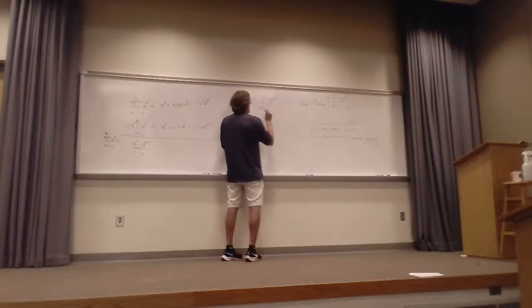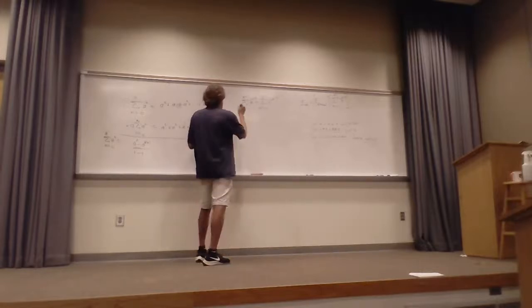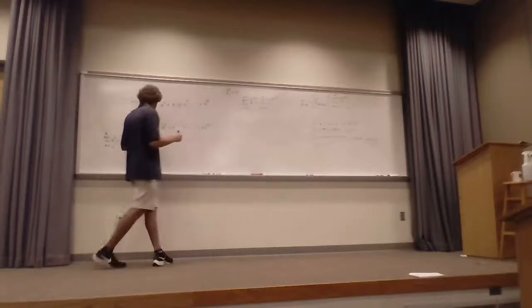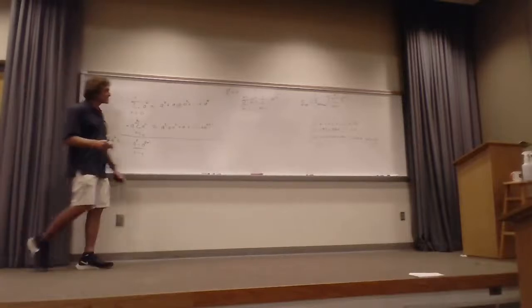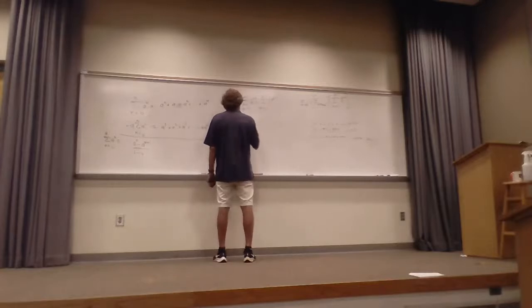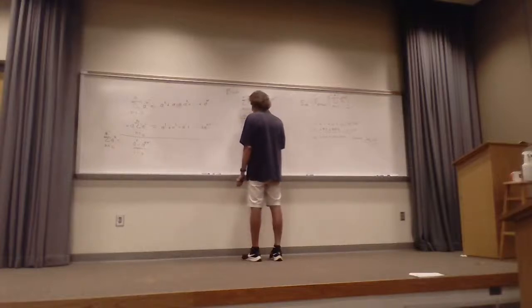It would be e to the j psi, right? And that e to the j psi is like a over here. You see that? And therefore, this series that I'm showing you, the summation from n equals 0 to N minus 1 of e to the j n psi, simply manipulates to this.